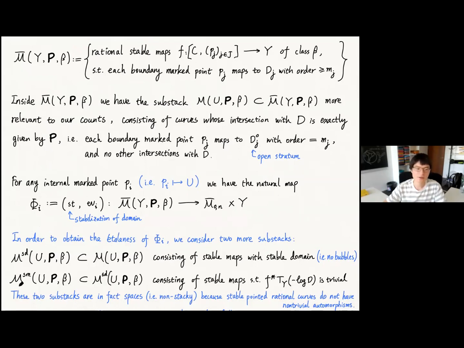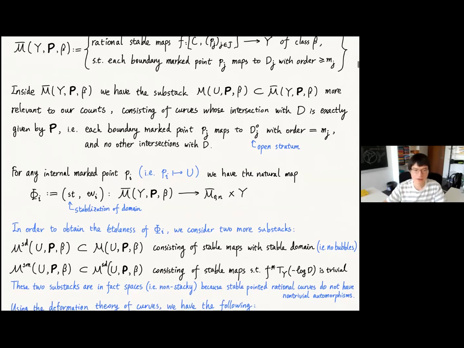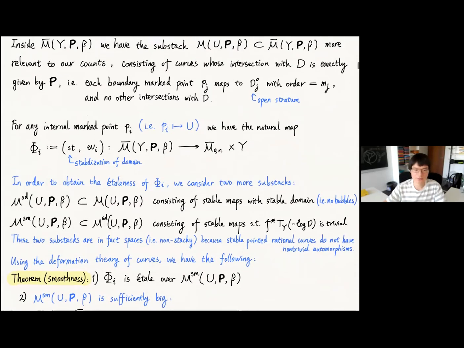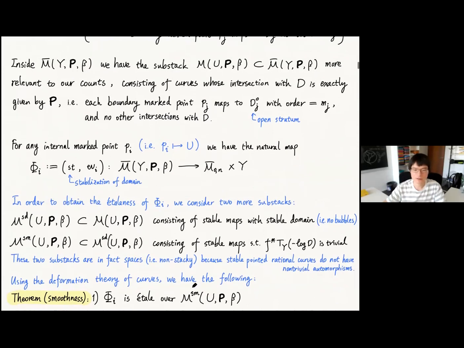That also implies that our counts are non-negative integer numbers as opposed to rational numbers, because eventually we are just working with moduli spaces instead of moduli stacks. And using the deformation theory of curves, we have the following smoothness theorem.